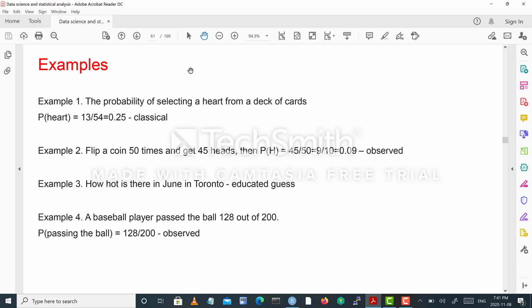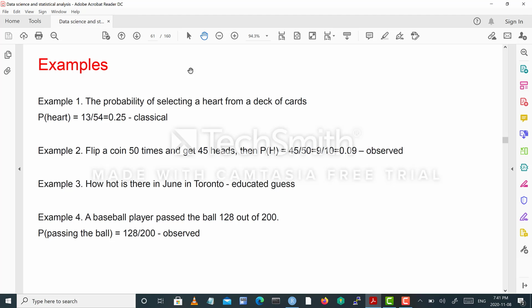Examples. Example 1: the probability of selecting a heart from a deck of cards. We know that the number of hearts is 13, and the whole number of cards is 54, so P(heart) equals 13 divided by 54, which is about 25%. This is classical.